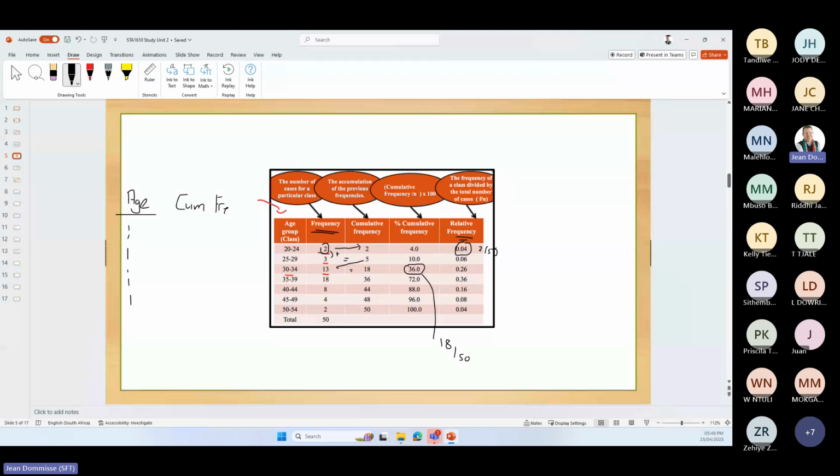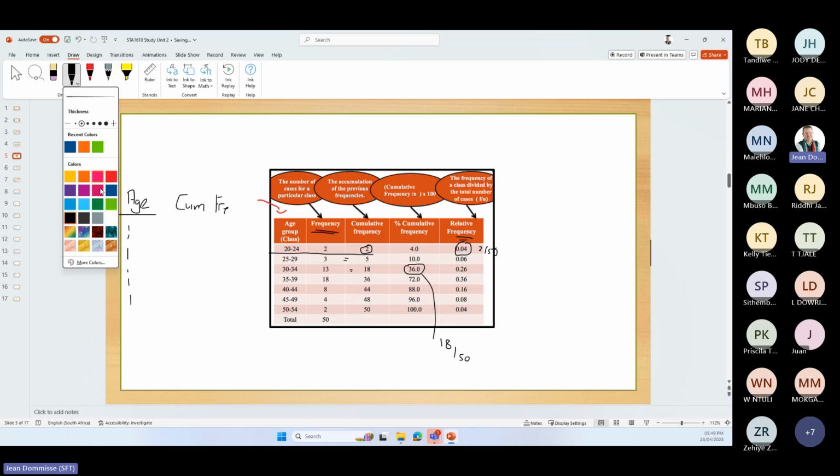Okay, so just quickly a repeat of what cumulative frequency is. Cumulative frequency is basically to look at what is the sum up until a certain point. Okay, so up until age 24, there are 2 people. But let's look at up until age 44. So up until age 44, we would have needed to add all of those numbers together.